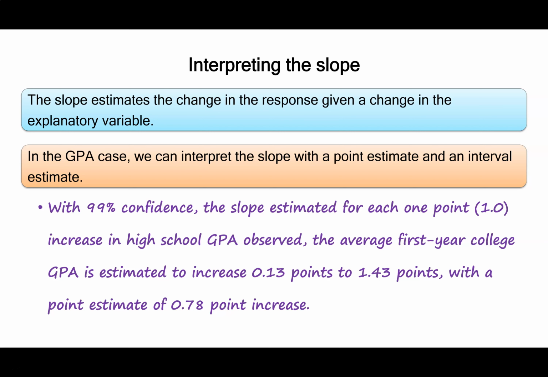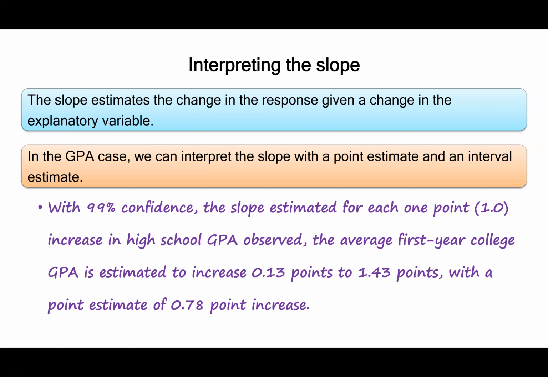So with 99% confidence, for each 1.0 increase in high school GPA observed, we estimate that the average first year college GPA will increase 0.13 points to 1.43 points, with a point estimate of a 0.78 college GPA increase. So it's not necessarily saying that it causes this increase, but it's associated with an increase here.